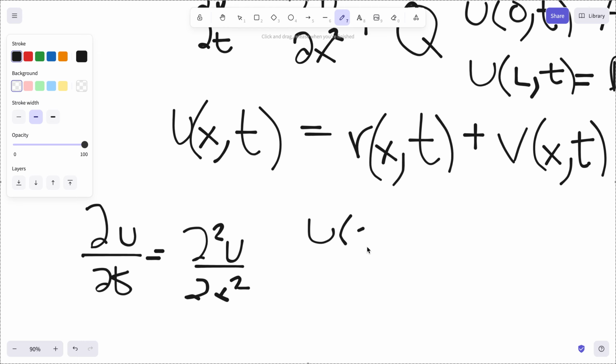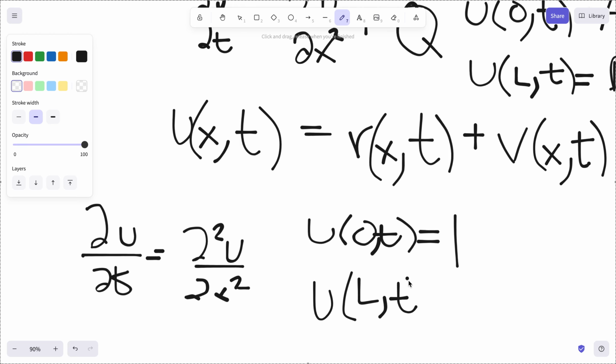So say when u of 0 comma t is equal to 1 and u of L comma t equals 4.